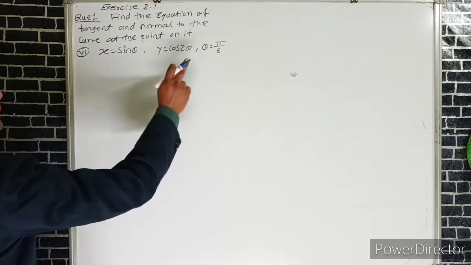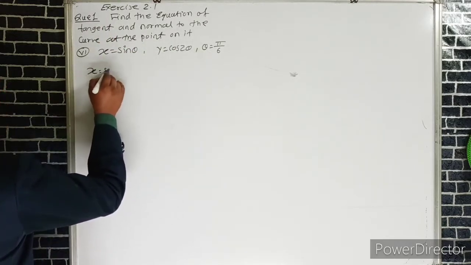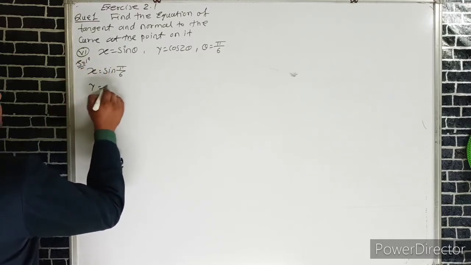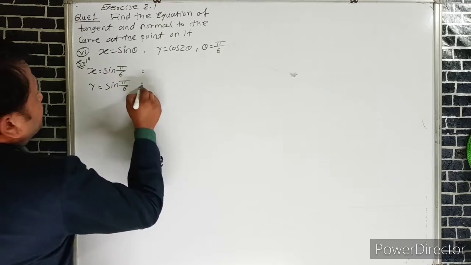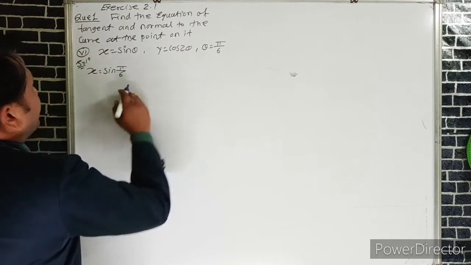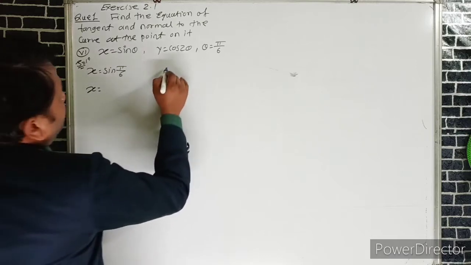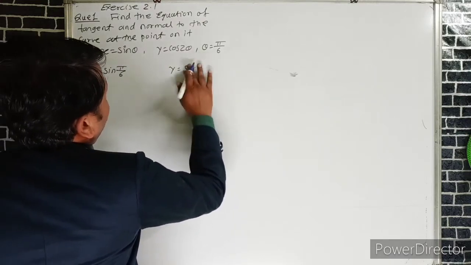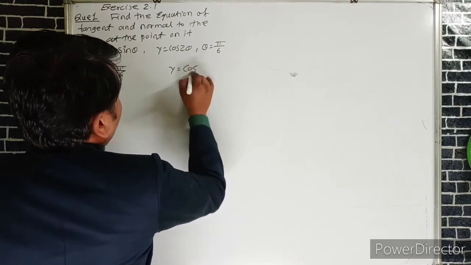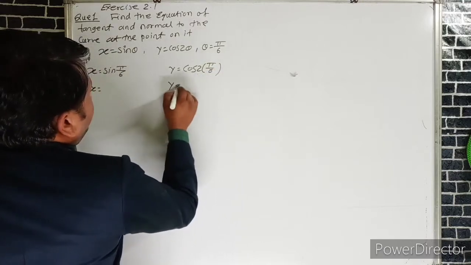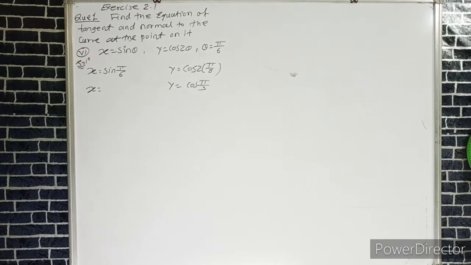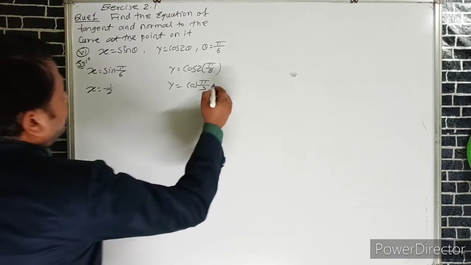First we have to find the value of x, which is sin pi by 6, and the value of y, which is cos of 2 into pi by 6, that is, cos of pi by 3. The value of sin pi by 6 is 1 by 2, and the value of cos pi by 3 is also 1 by 2.